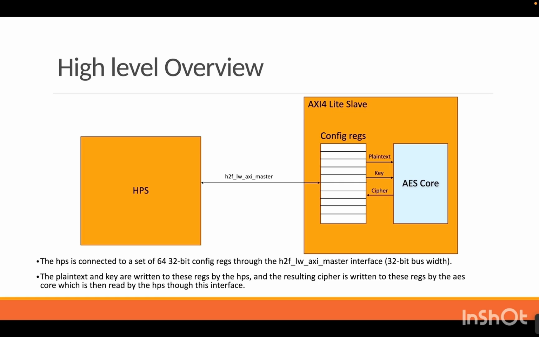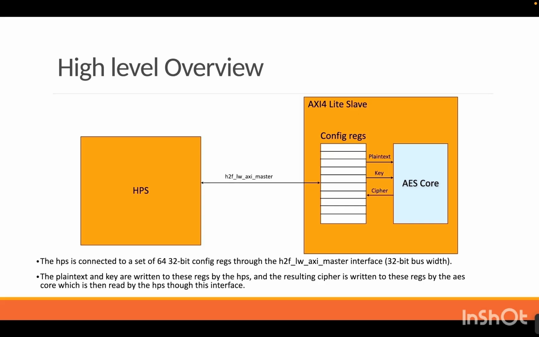In this slide, I'm gonna give you a high-level overview of how our hardware software co-design system works. On the left, we have HPS, which acts as the controller. It communicates with the FPGA using the AXI Lite interface, specifically the H2F LW AXI master.